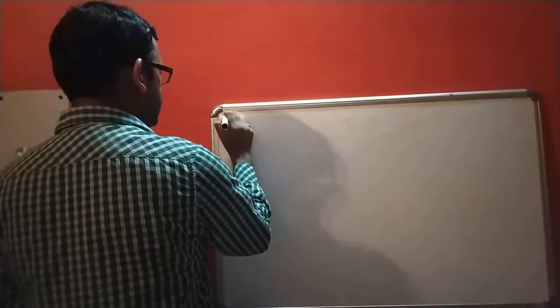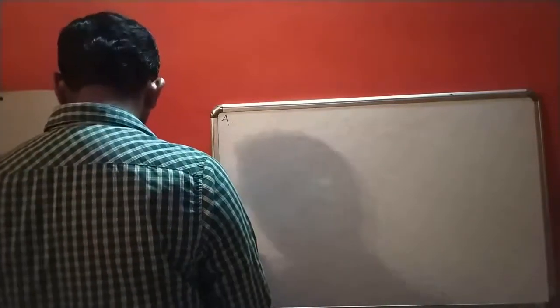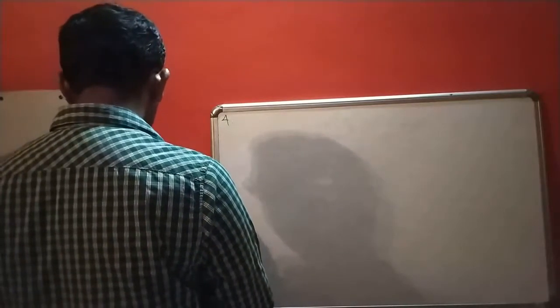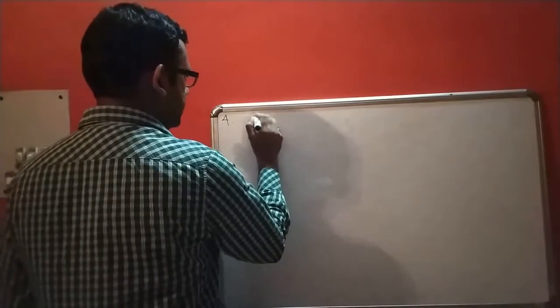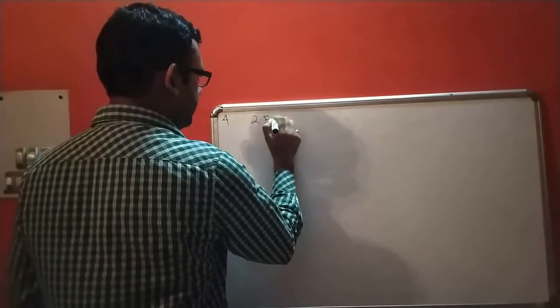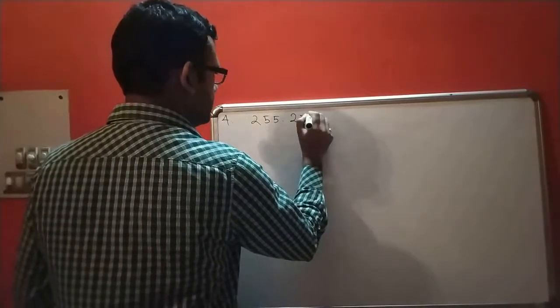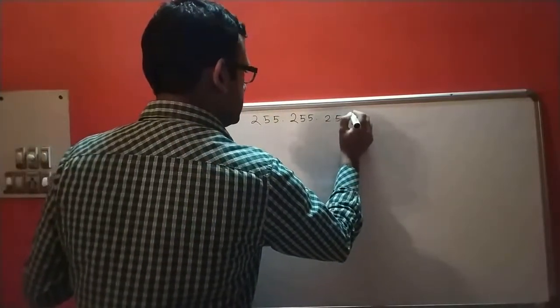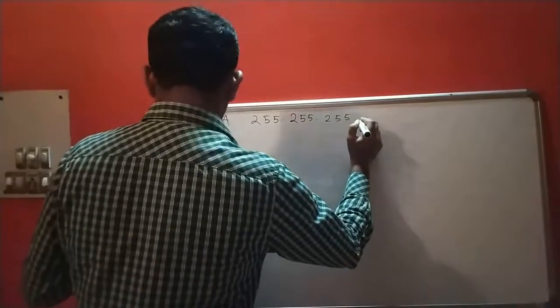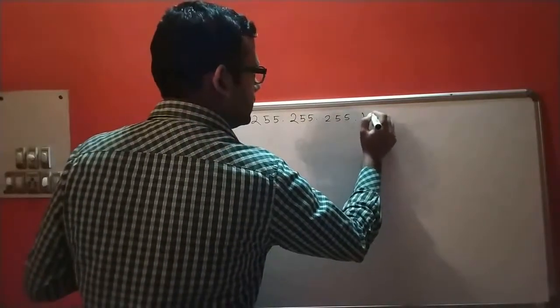This is question number 4. In question number 4, we are being given a subnet mask which is of the form 255.255.255.192.